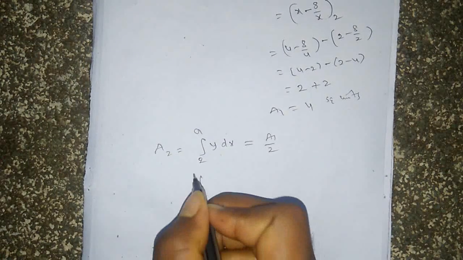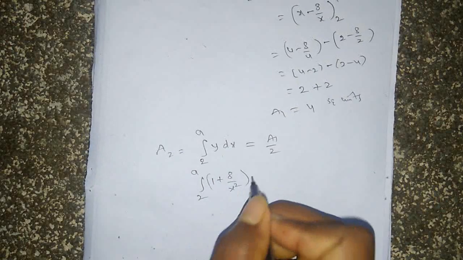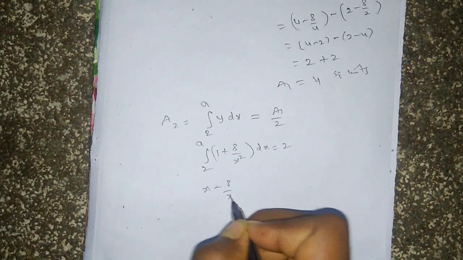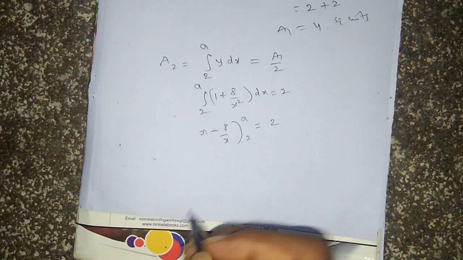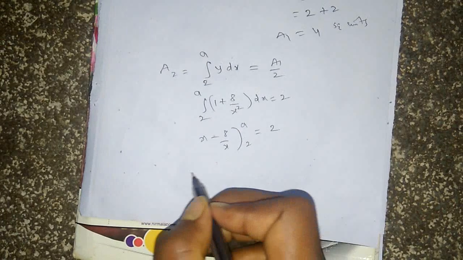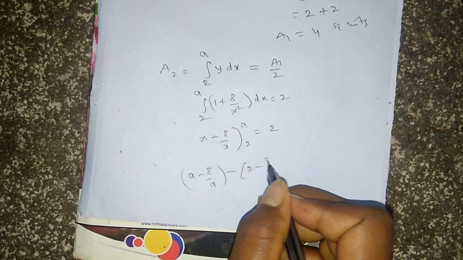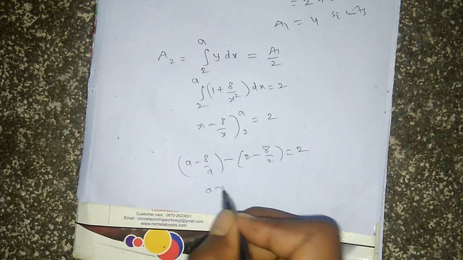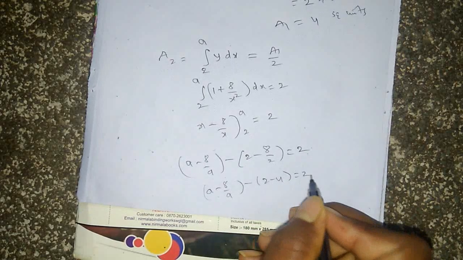That is the integral from 2 to a of (1 + 8 by x²) dx = 2. This is x minus 8 by x between the limits 2 to a, equal to 2. This is a minus 8 by a, minus 2 minus 8 by 2, equal to 2. So a minus 8 by a minus 2 minus 4 is equal to 2.